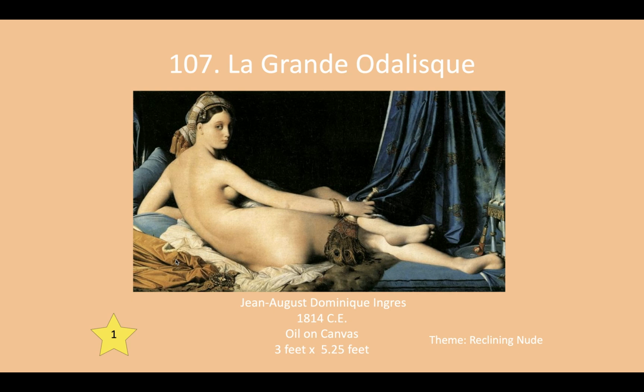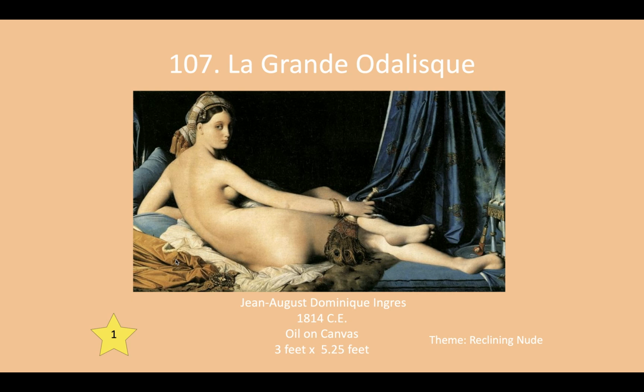So Ingres is really famous. He's super, super, super famous. And he was hired by Napoleon, yes, that Napoleon, to paint his sister, Napoleon's sister. And Napoleon's sister was married to the King of Naples, one of the city-states in Italy.